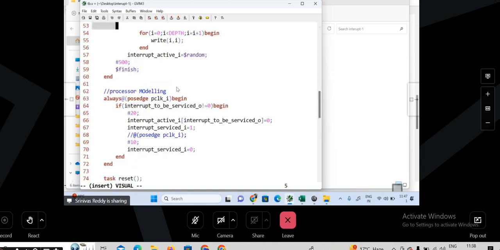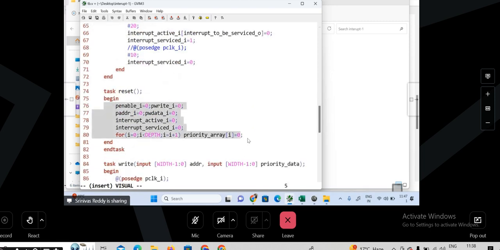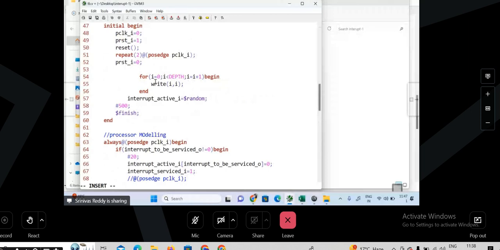Once I get all the priorities, I set interrupt valid equal to 1, and interrupt to be serviced equal to the highest priority peripheral. Then I'm going to the next state, which I represent as the state with the interrupt serviced. In it I'm writing that service is done. Correct. Again in service, interrupt service is done.